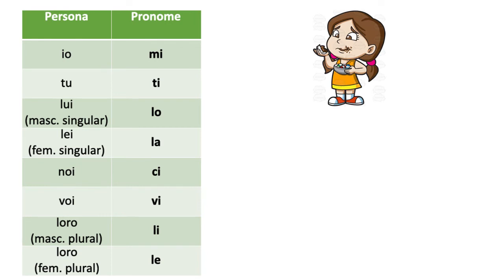More examples. This is a girl eating candy. How do we say that? The girl eats the candy. La bambina mangia le caramelle. Okay? What is the direct object? Clearly it's the candy, le caramelle. Now, what gender is le caramelle? We have an E ending and we also have a le. Remember what that le is?